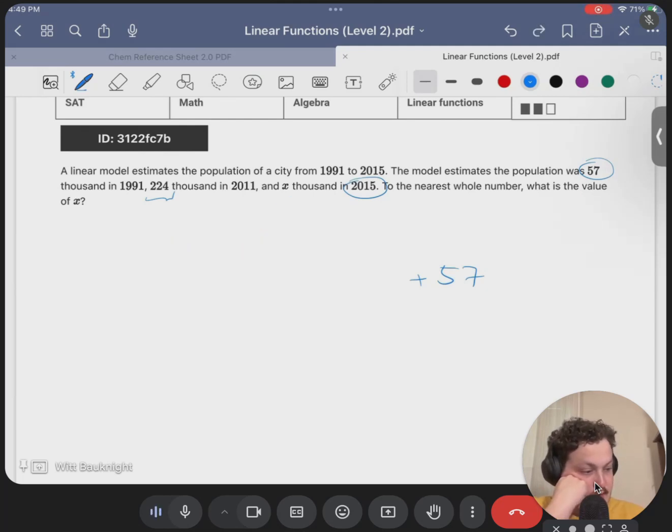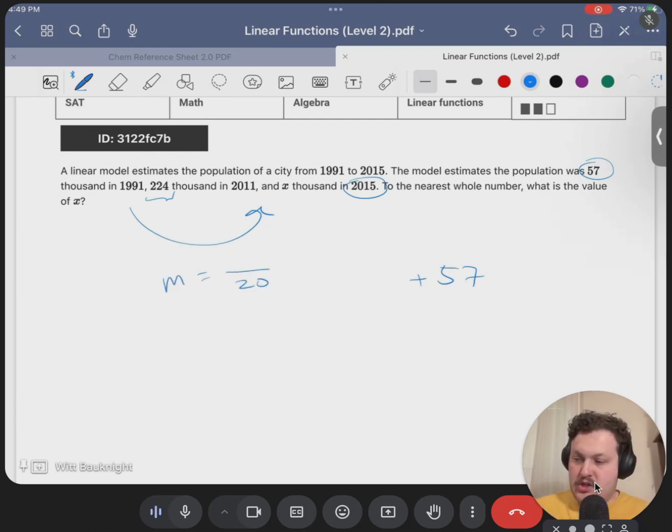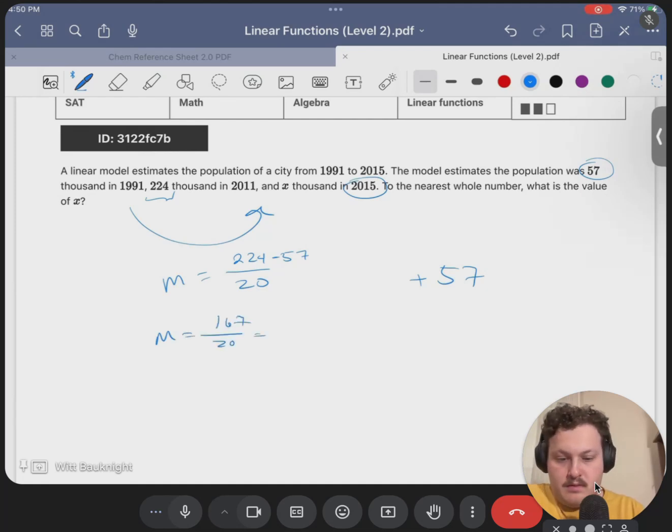From here to here is 20 years. In 20 years, it changed 224 minus 57. What is 224 minus 57? Divided by 20. 8.35.